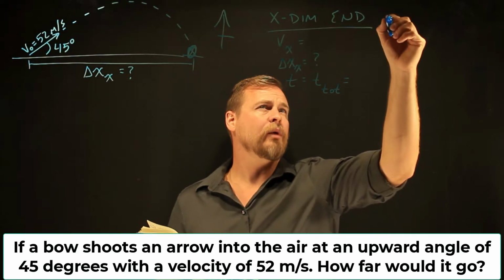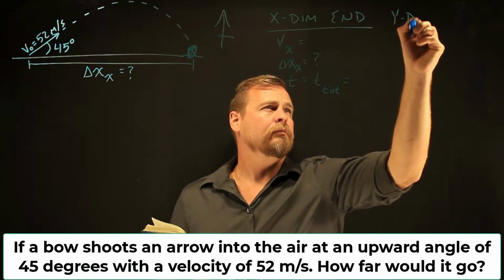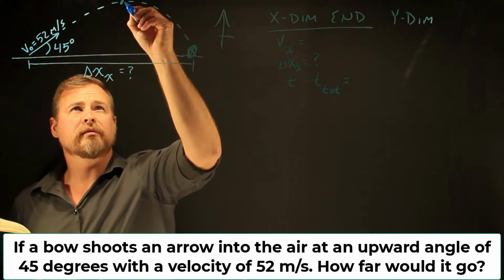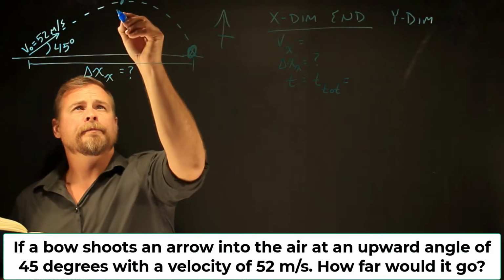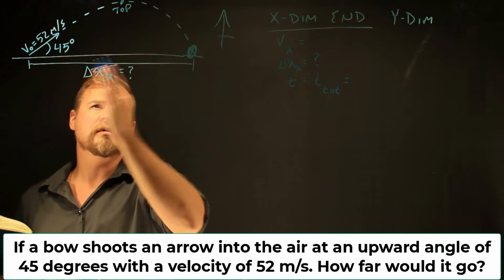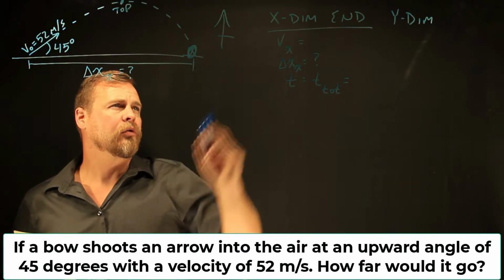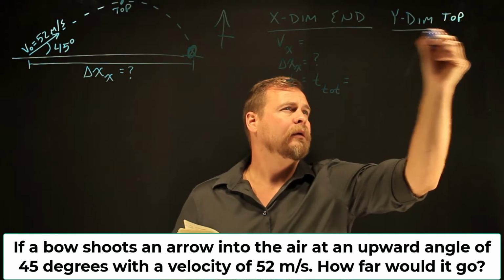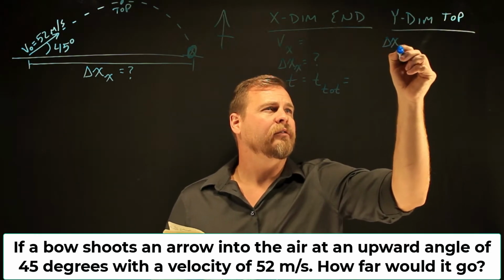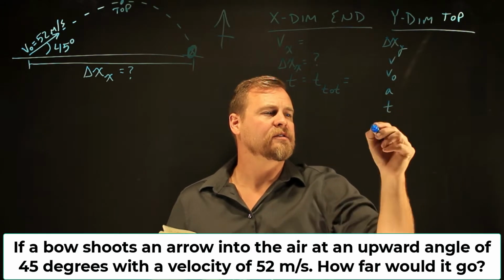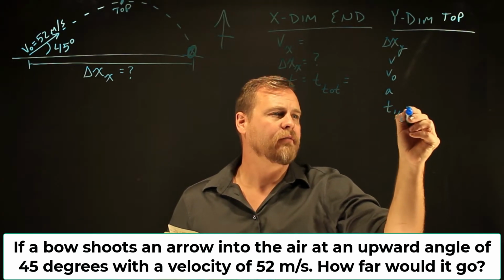And so let's set up my y dimension. I'm going to focus on this point right here at the top in the y dimension, and then I'll be able to double my time so I can use it in the x dimension. So I'm going to do y dimension at the top, and so my delta y, v naught, a, t half.